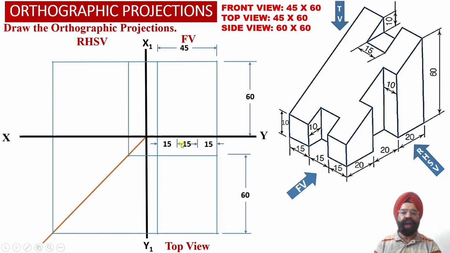So now, having marked three segments alongside the width of the solid, each equal to 15 millimeter, we have been able to obtain two vertical projector lines into the front view orthographic projections, and we have appropriately extended these two vertical projector lines into the top view orthographic projections over here.